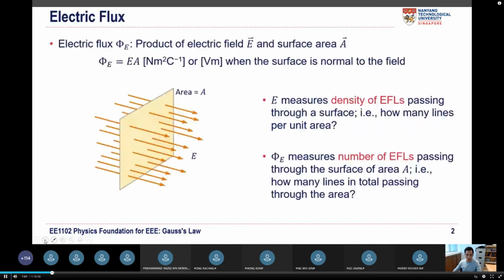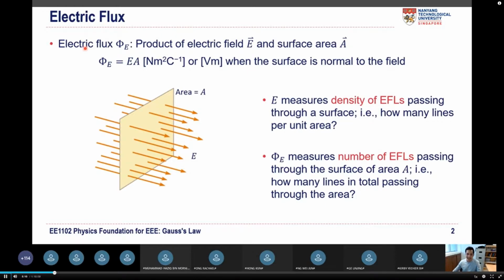Before we discuss what Gauss's law is, we need to understand the concept of electric flux. Just before, when we talked about electric field and electric field lines, we discussed that the electric field is kind of a density, how densely packed these field lines are.